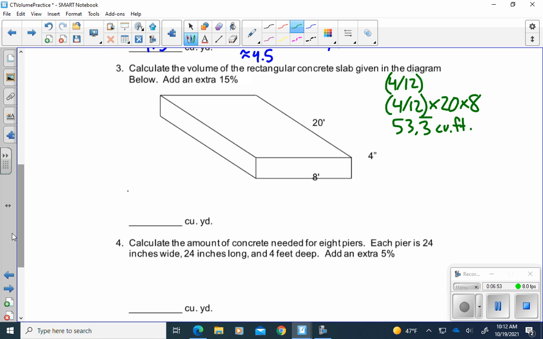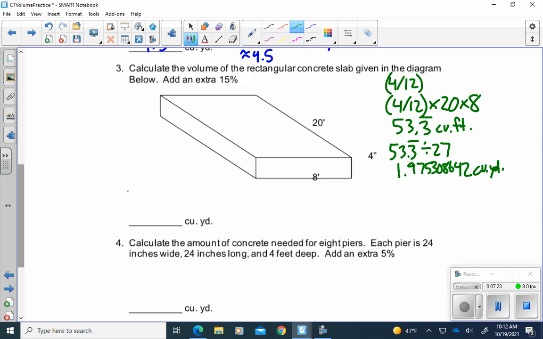We want to convert cubic feet to cubic yards. So we'll do 53.3 repeating divided by 27. You should get 1.975308642 cubic yards.